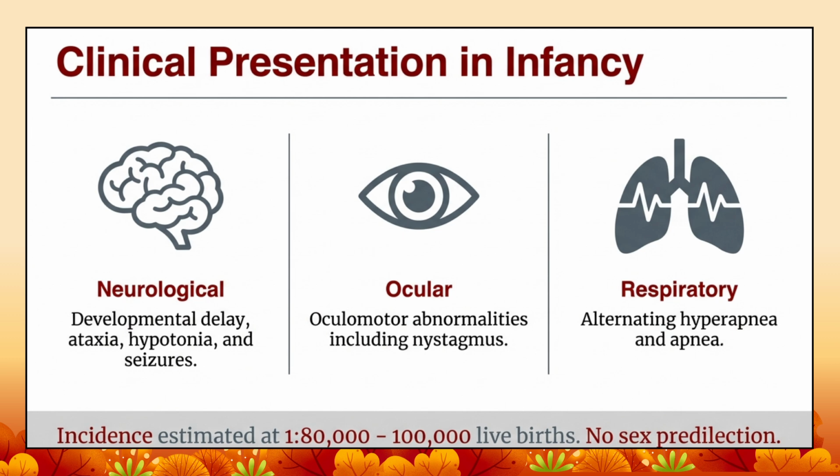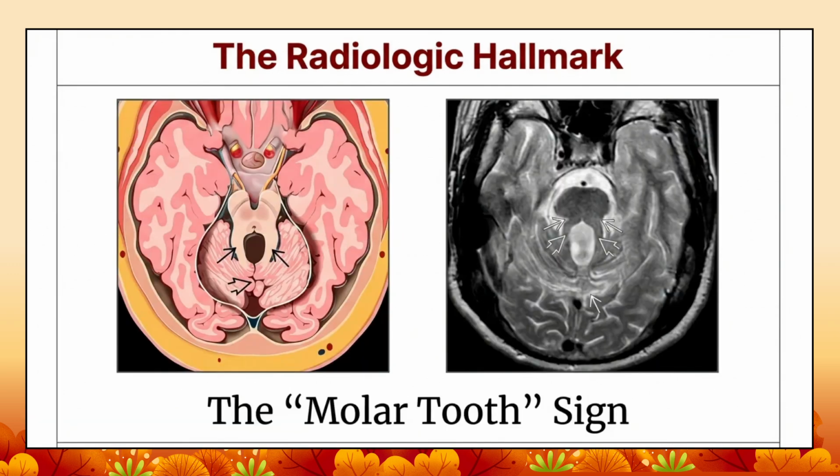Ocular abnormalities like nystagmus, and abnormal respiratory pattern like alternating hyperpnea and apnea. The incidence of Joubert syndrome is very rare, that is 1 in 80,000 to 1 in 1 lakh live births. There is no sex predilection. The molar tooth sign is the radiological hallmark of Joubert syndrome and its related disorders.